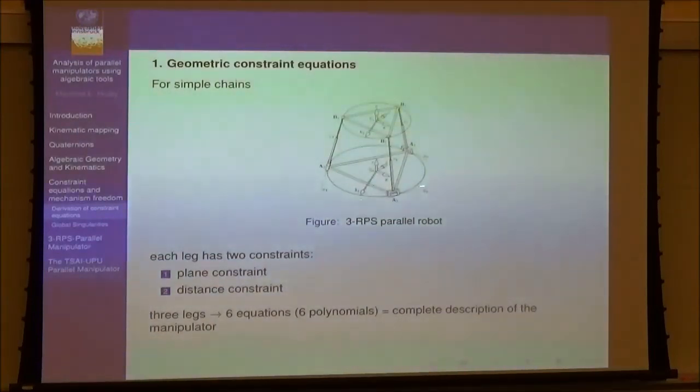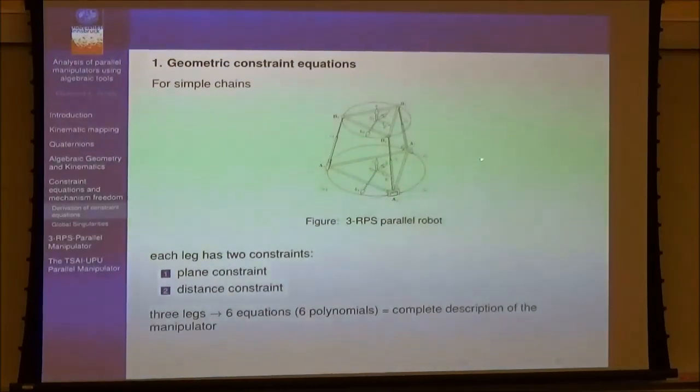Here you have a revolute joint, revolute joint, revolute joint. But this means geometrically that this point of the moving platform is constrained to a plane orthogonal to the axis of this first revolute joint.